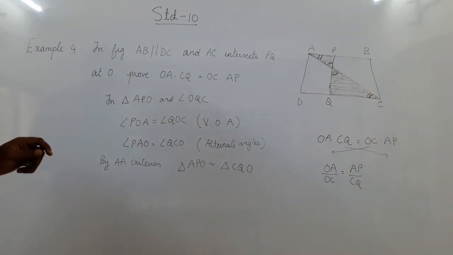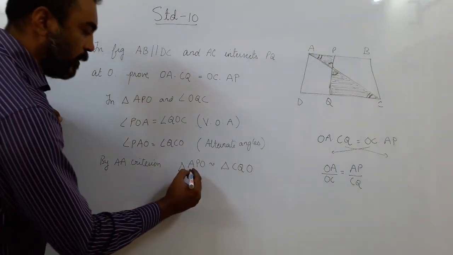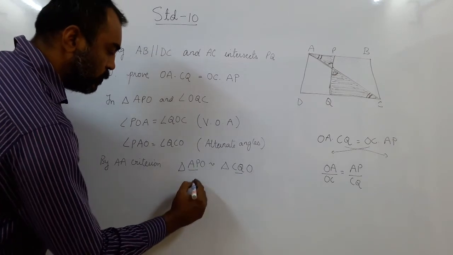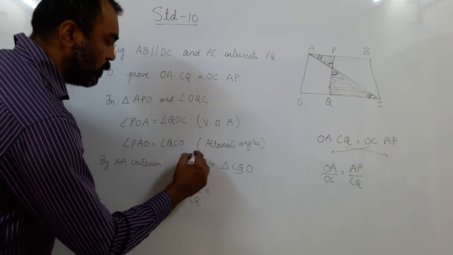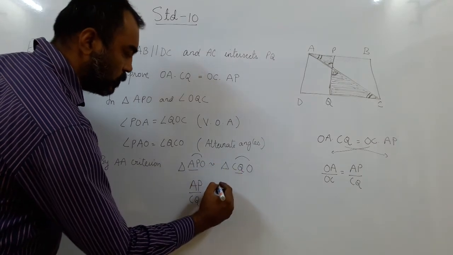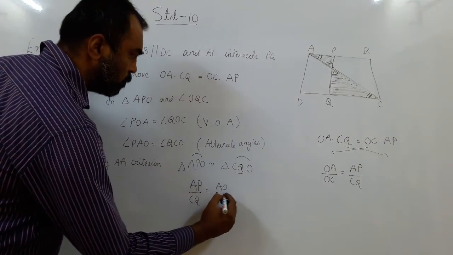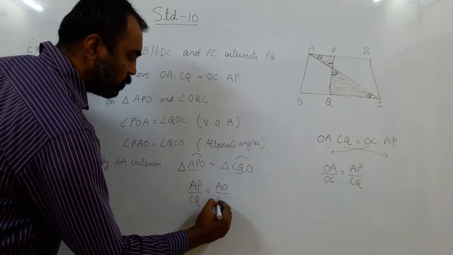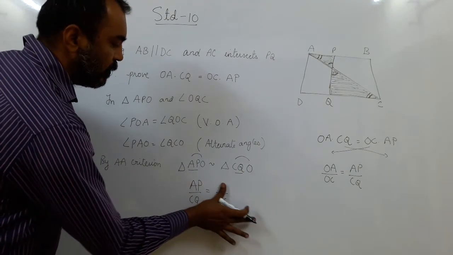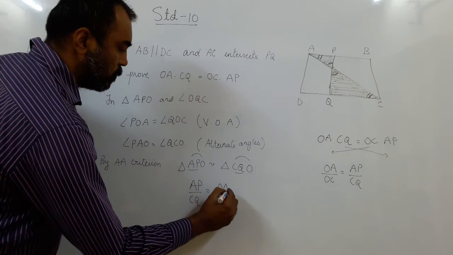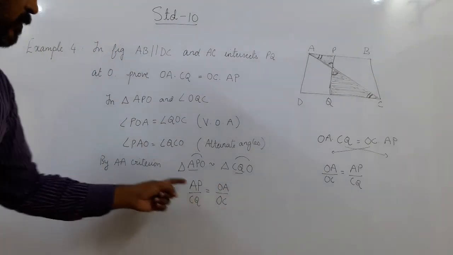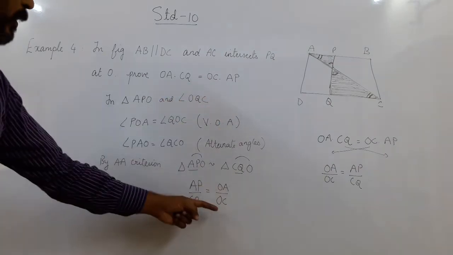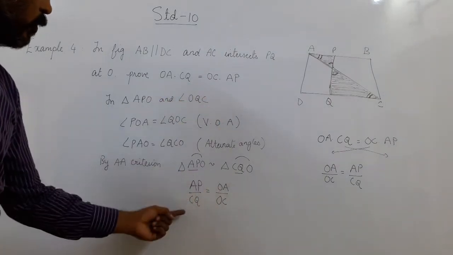So what do we have? We have AP upon CQ equal to AO upon CO, or OC, whatever you want to put. Now cross multiply. So OC into AP equals AO into CQ.